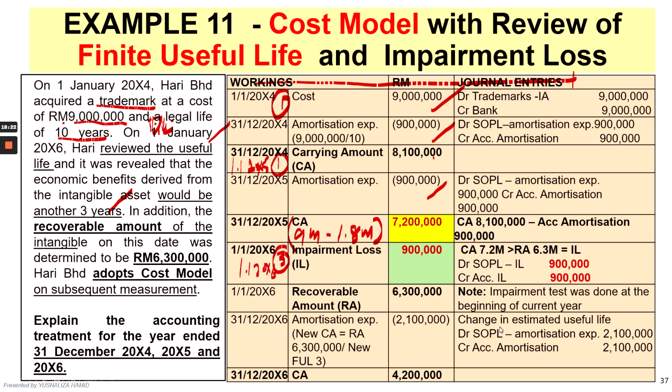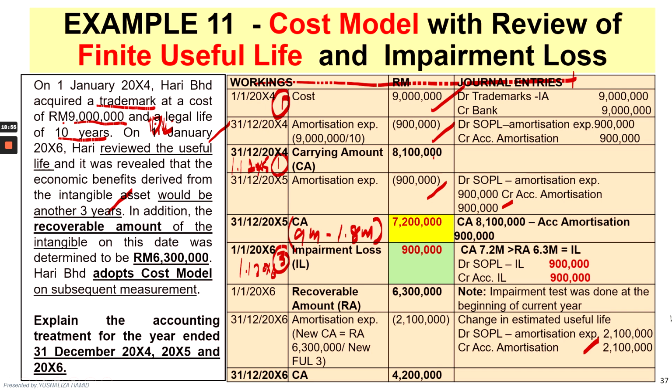So by the end of the year, you will notice that there is a change in the amortization because the useful life has been reviewed to be 3 years. So now what you will do is you will take 6.3, the recoverable amount, divided by the new useful life, which is 3 years. So the change in the estimated useful life has caused the change in the amortization, and now amortization is no longer 900,000, but it is 2.1 million.